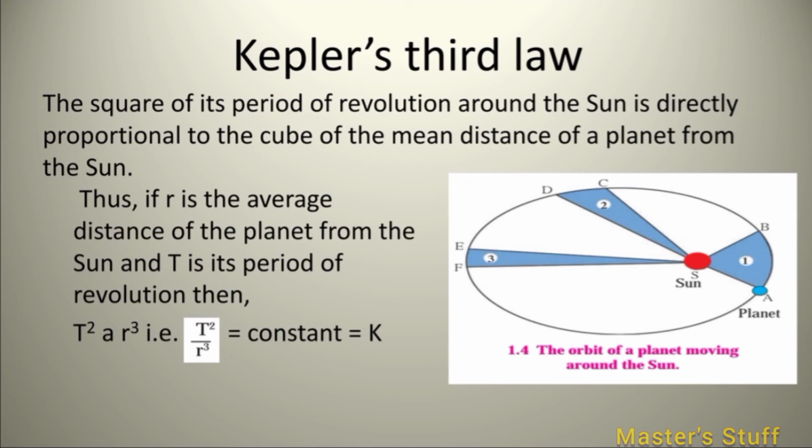That is, t square upon r cube is constant, equal to k. Thus, Kepler's third law shows the proportionality relation between the period of revolution and mean distance of the planet from the Sun.